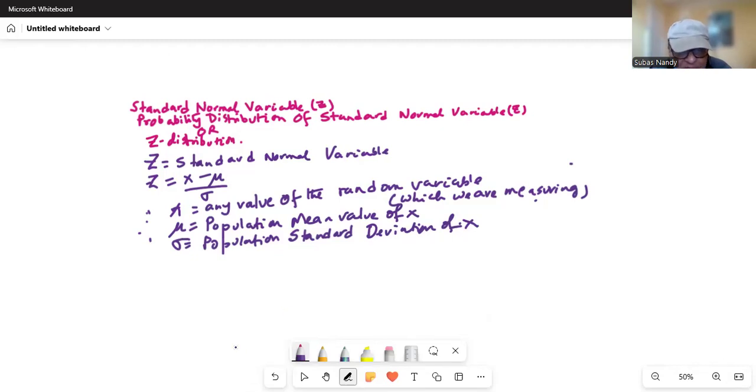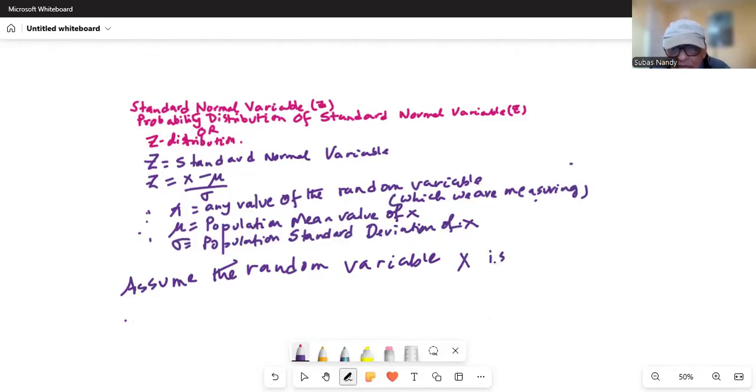Okay, so x is a normal distribution. Assume the random variable x, which can be anything, as I mentioned, a person's height or a person's income.